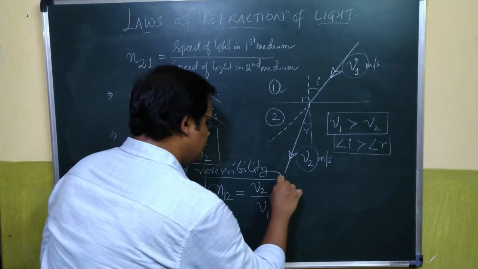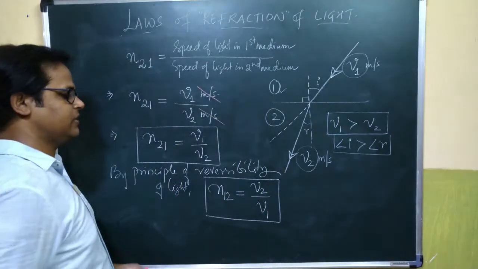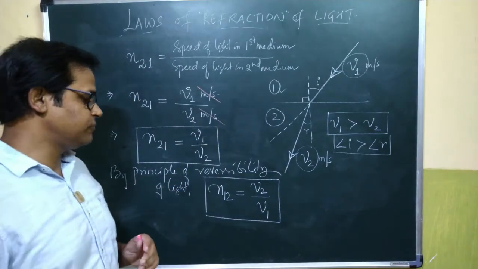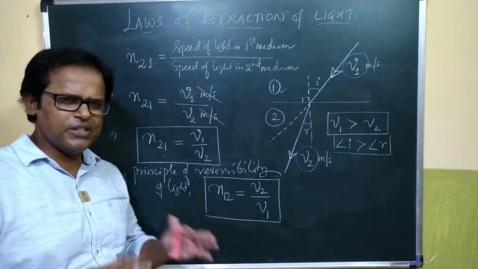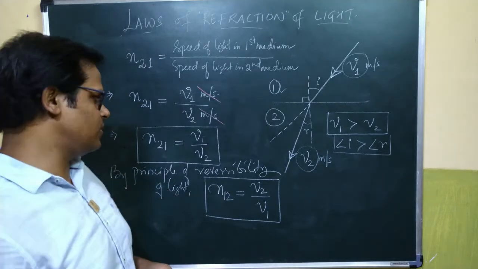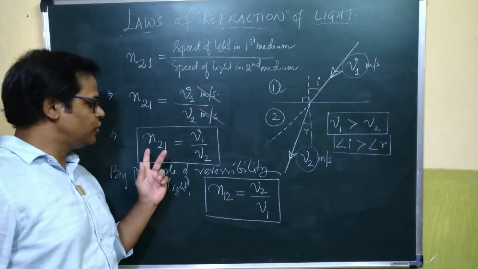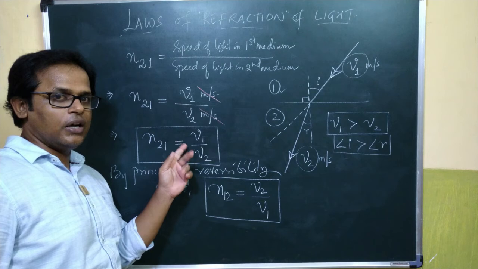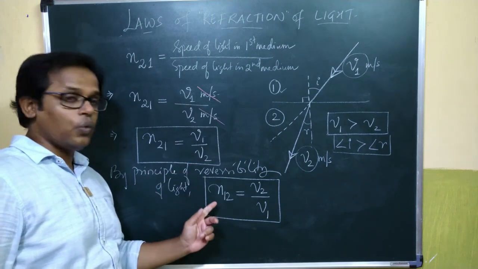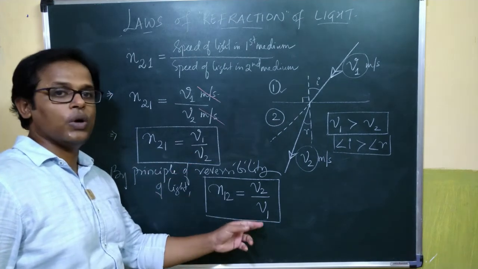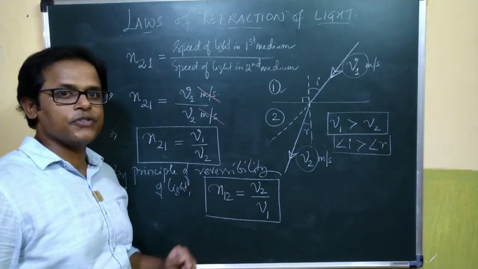So here, my dear students, if you're not careful enough, you may tend to get confused in the exams. All right, so we'll do it something like n21, n12, v1 by v2, v2 by v1, in terms of the speed of light.